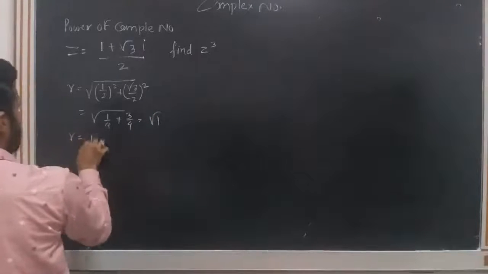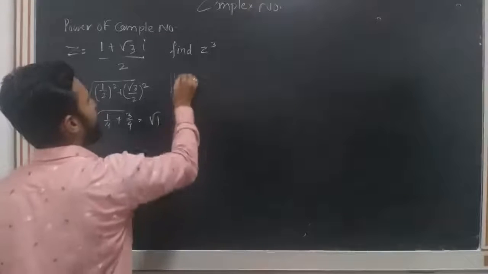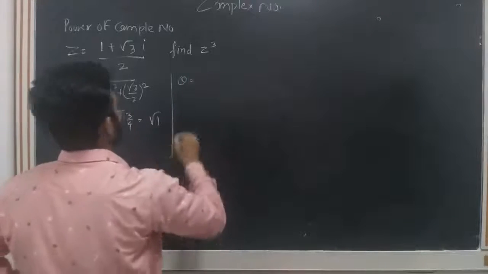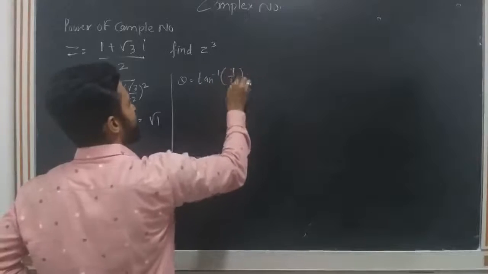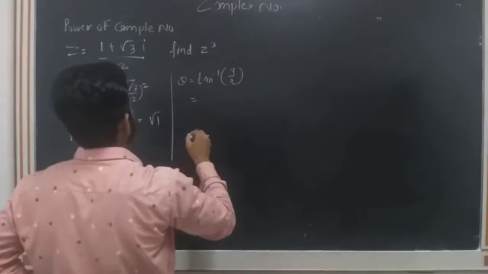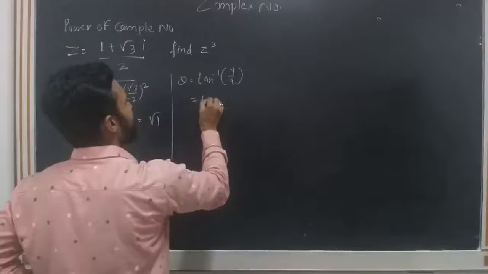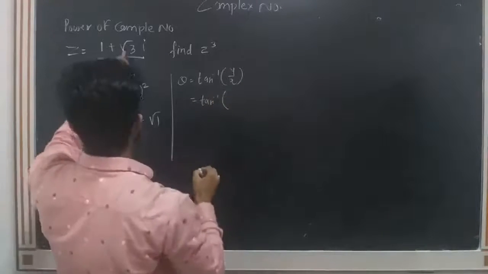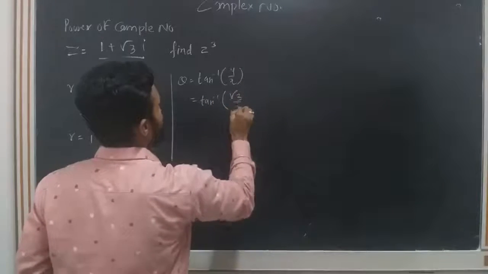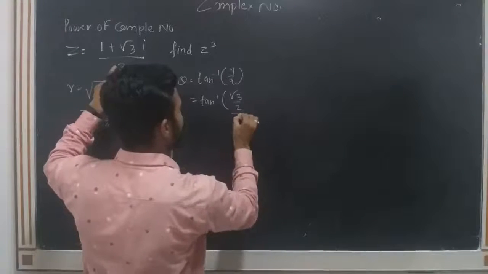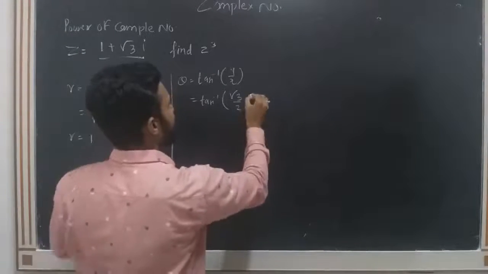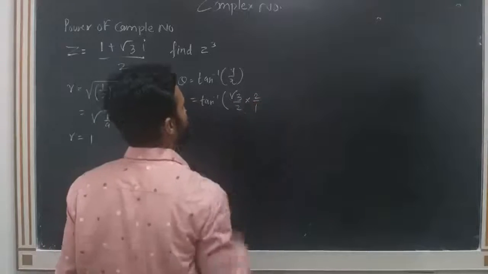So r is equal to 1, and then find theta, which is equal to tan inverse of y by x. So tan inverse of what is y? Root 3 by 2. And what is x? 1 by 2. So dividing by 1 by 2, we can write multiply by 2 by 1.